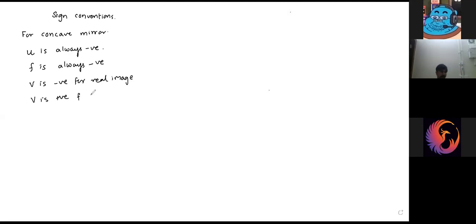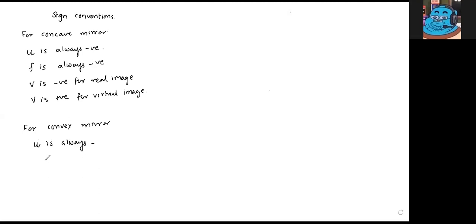V is positive for a virtual image. Right? V is positive for a virtual image. That's done. Now for convex lens, for convex mirror, sorry, U is always negative.